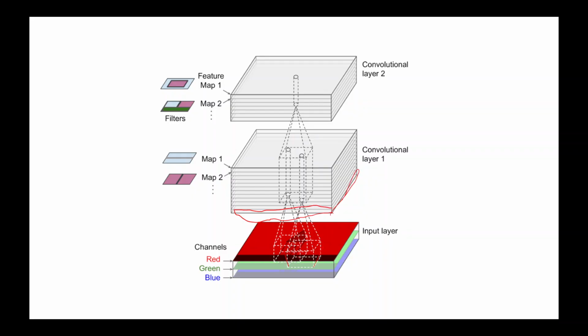So if you have multiple filters, it will be equal to the number of layers in your output layer. And we call it feature maps. Okay, so this one we have multiple feature maps because we have multiple filters that operate on your input layer, okay? But that's not the end, right?